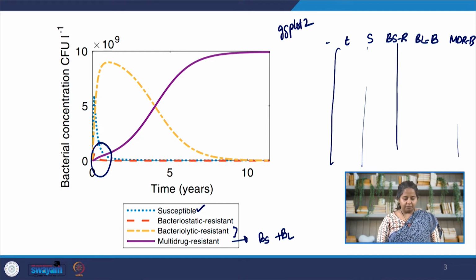And over time, definitely after a few years have passed, the multi-drug resistant bacteria, their numbers will increase.